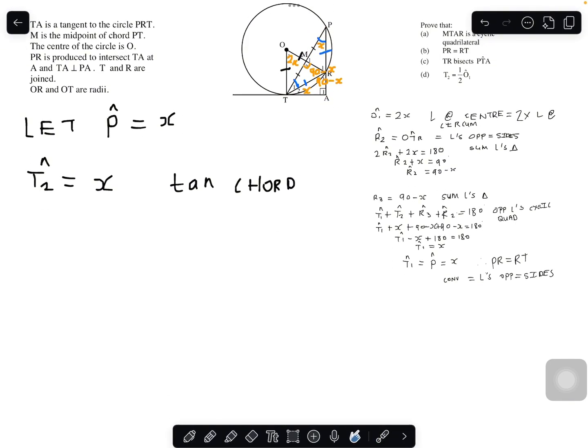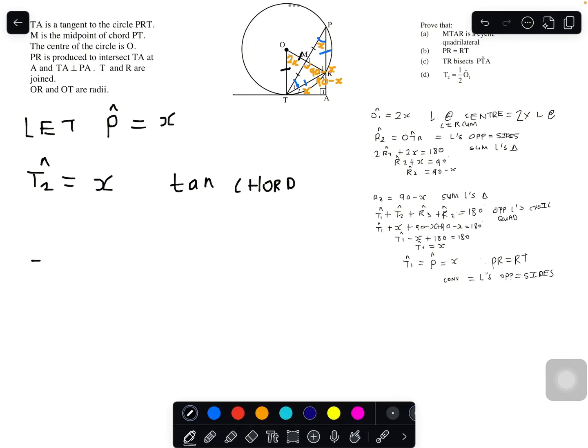And if you look at our previous ones, we said that T2 equals x, so we can just say proven above.